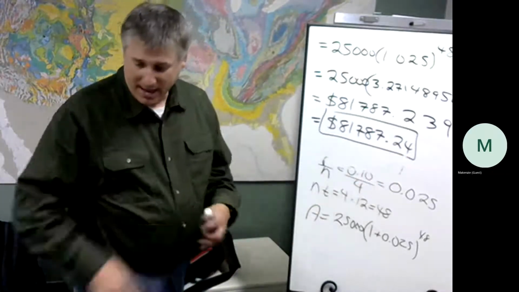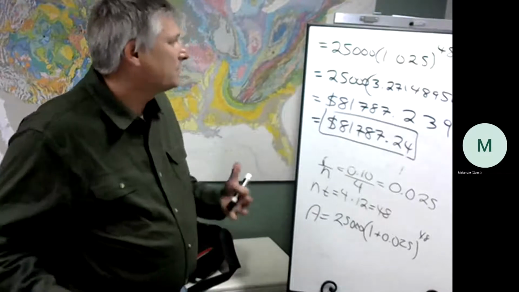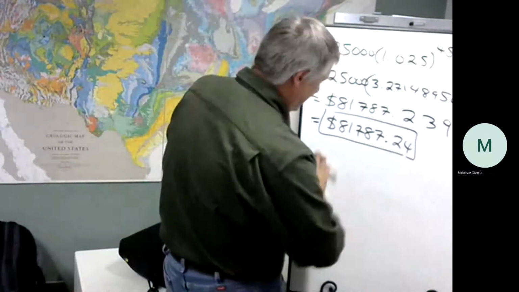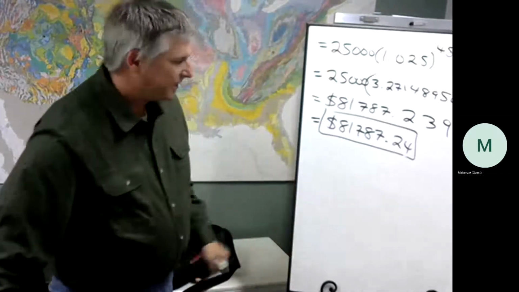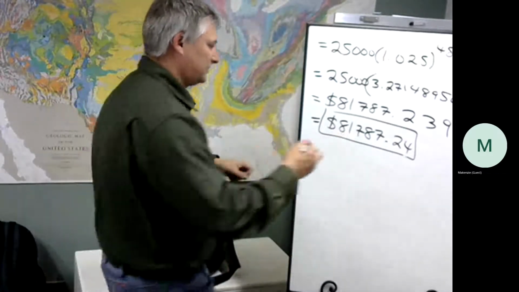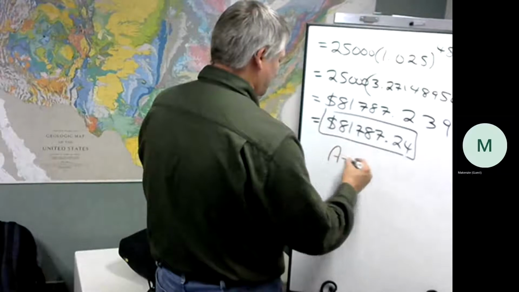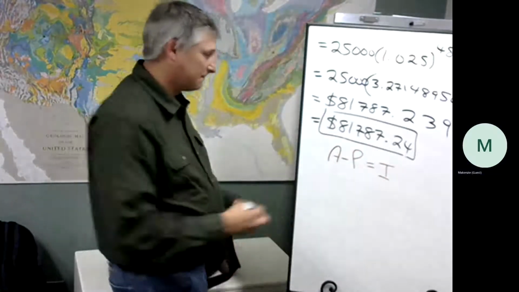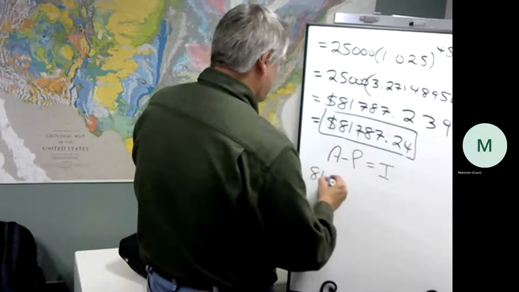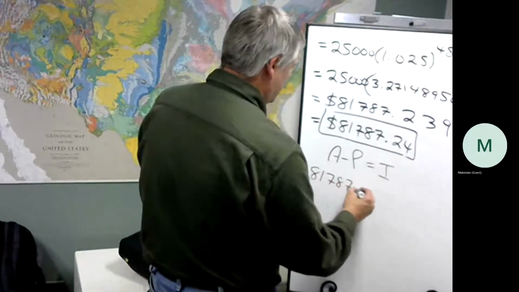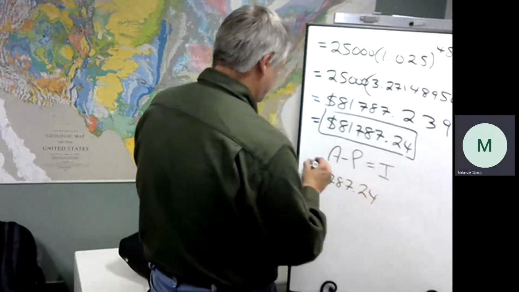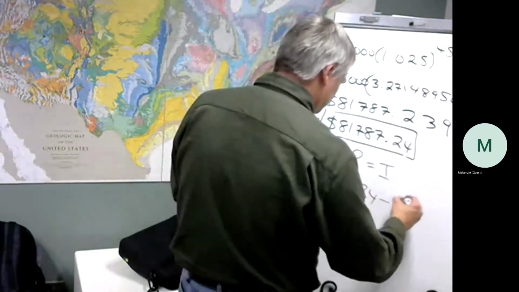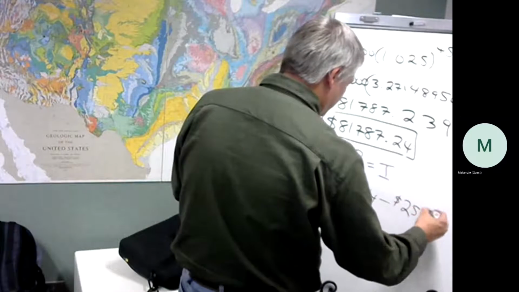Now, someone might ask, well, okay, but how much of this is interest? To find that out, again, we take the total, which is A, subtract the principal, and we would get the interest. So 81,787.24 minus the original investment, which was 25,000.